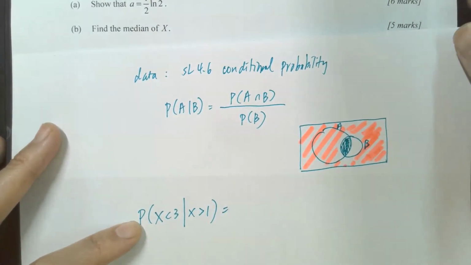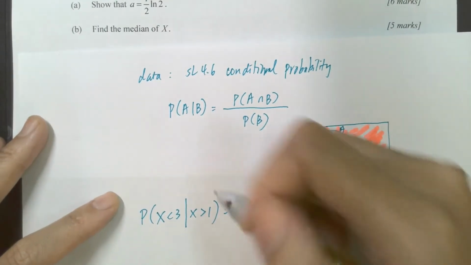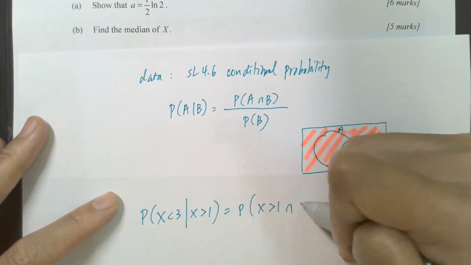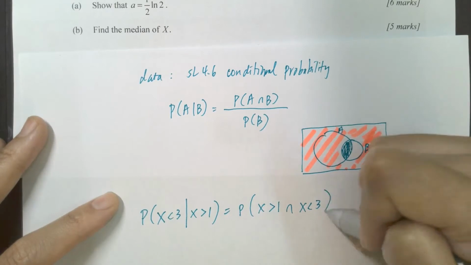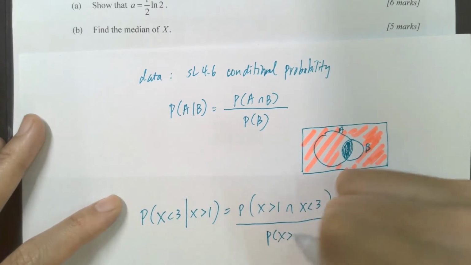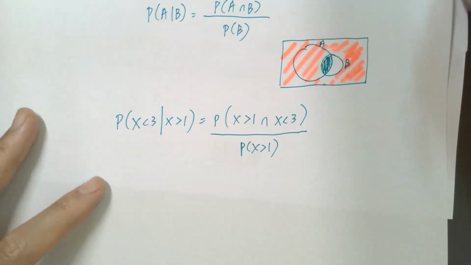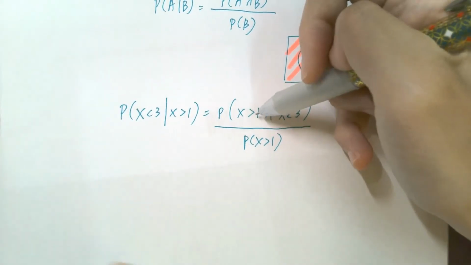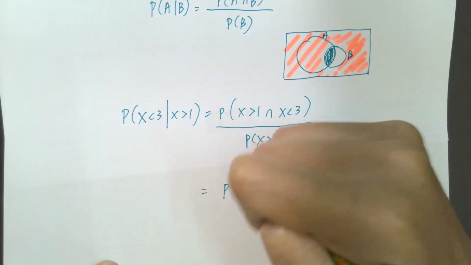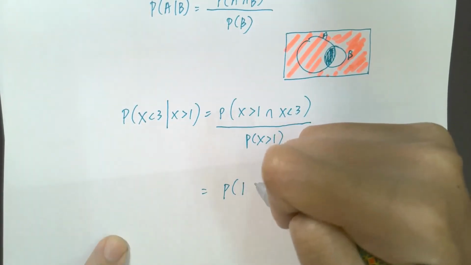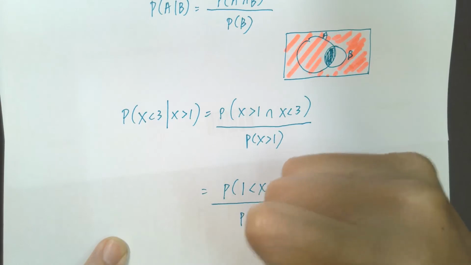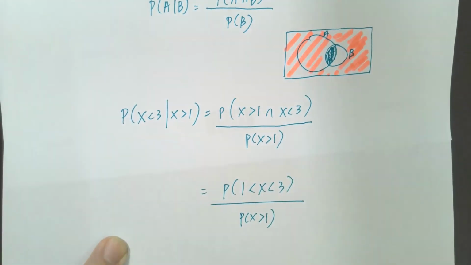Then in essence, we're looking at x bigger than 1 and x smaller than 3, given the probability of x bigger than 1, right? So this is how we're supposed to write this. And then the top part, if it's bigger than 1 and smaller than 3, we're essentially looking at the probability between 1 and 3 over the probability of x greater than 1, right?